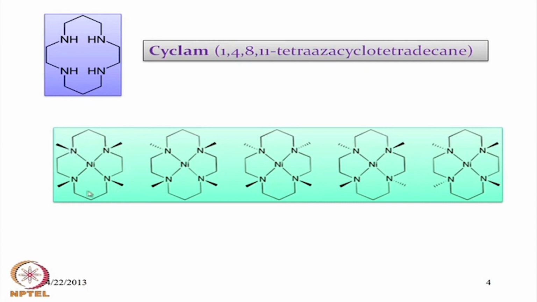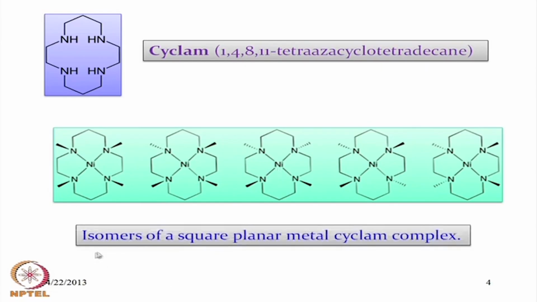So, when 4 of them are up, we have this geometry, when 3 of them are up this. So, in this sequence we can have all these possible isomeric forms when simply the nickel is bound to cyclam. So, we have the corresponding square planar complex, and metal cyclam complexes are all isomeric in nature, depending upon the corresponding orientation of the N-methyl or N-ethyl groups.